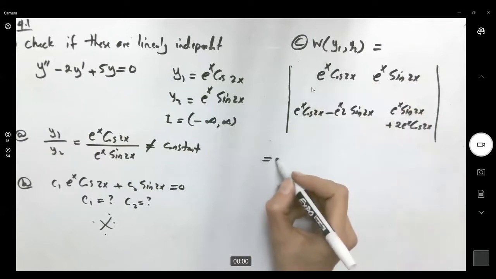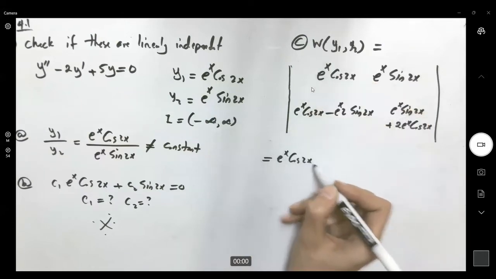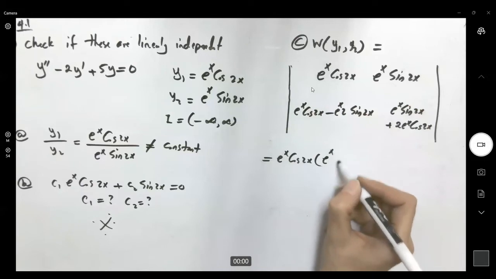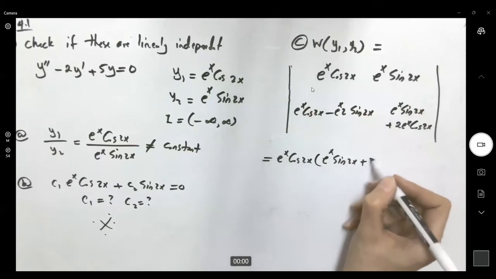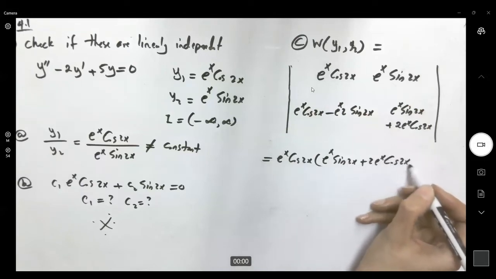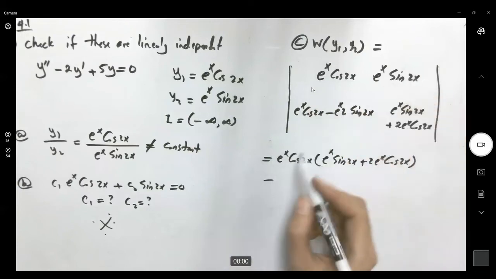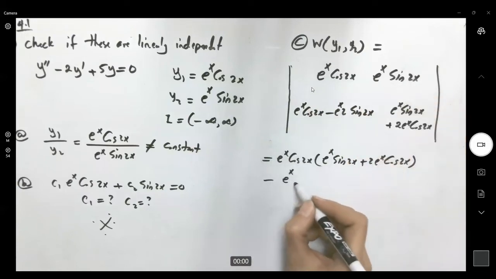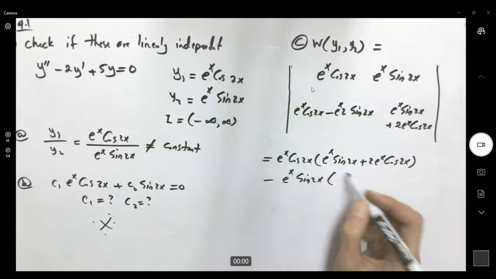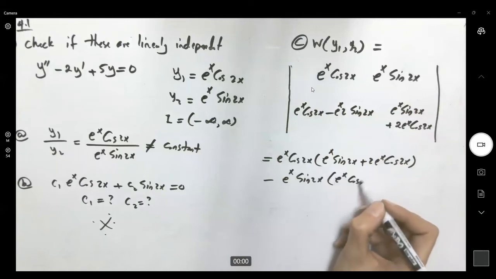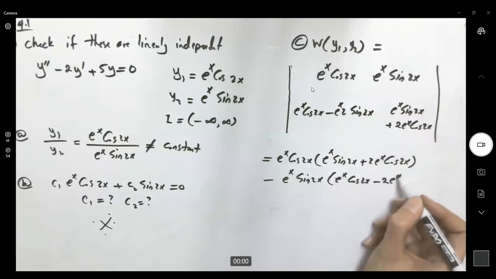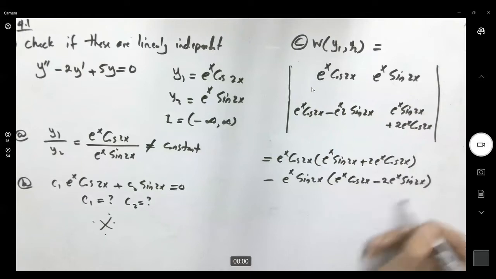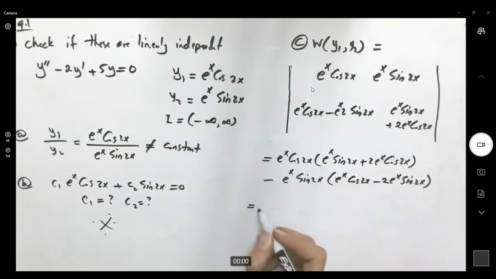The determinant becomes e to the x cosine 2x, times e to the x sine 2x plus 2 e to the x cosine 2x, minus e to the x sine 2x, times e to the x cosine 2x plus 2 e to the x sine 2x. Let us simplify this.